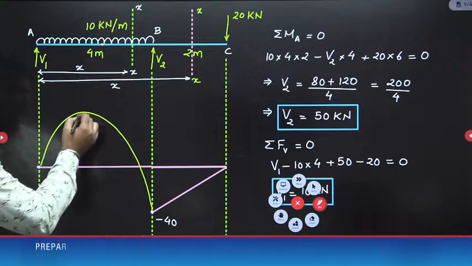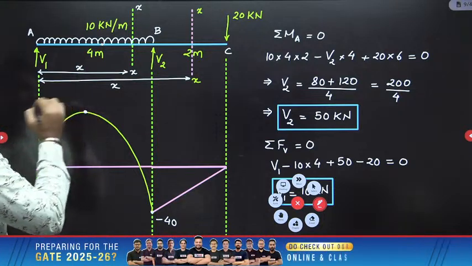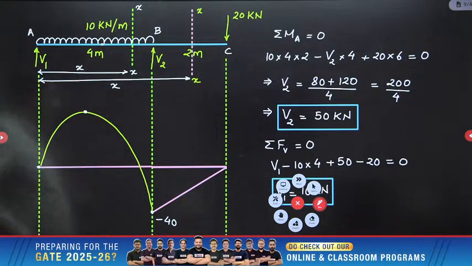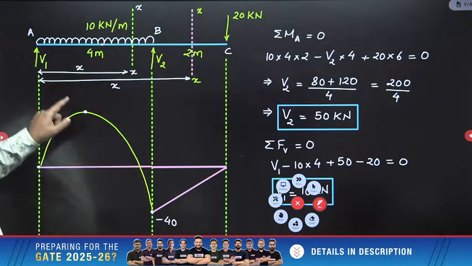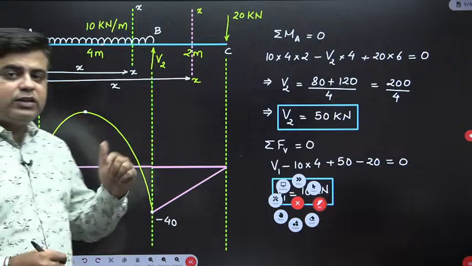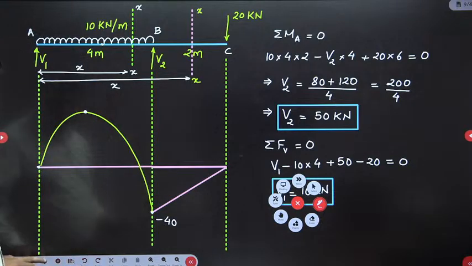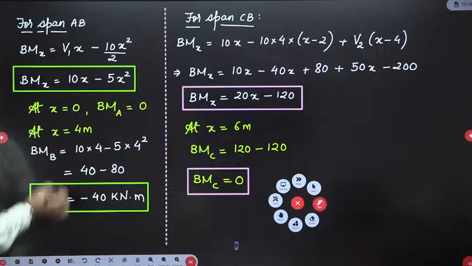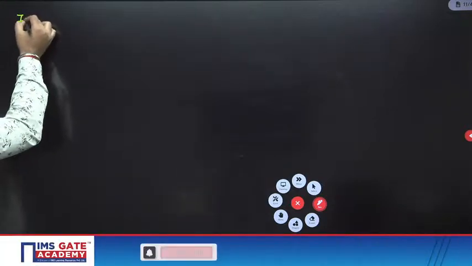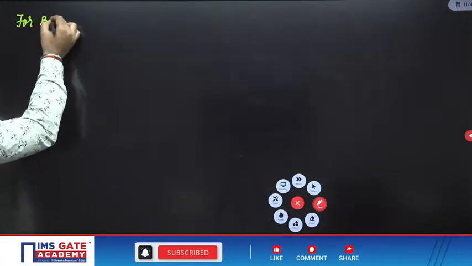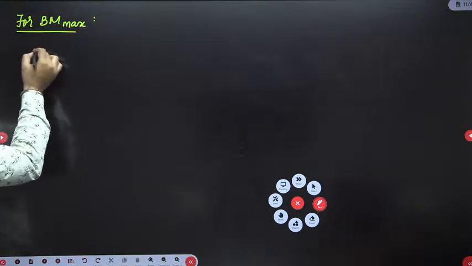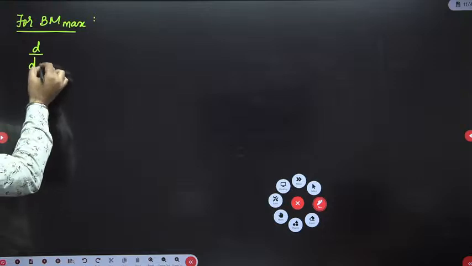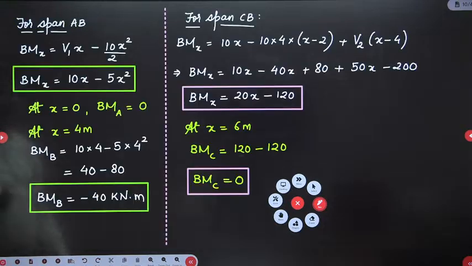Now the thing is, you need to find out the maximum value of bending moment. For maximum value of bending moment, you have to use this equation and differentiate this equation with respect to X. So I will write down for maximum bending moment, BM max, d by dx of the first bending moment equation, this one.